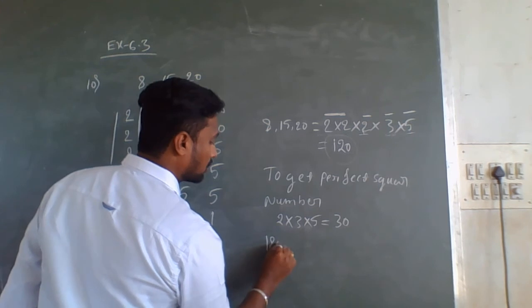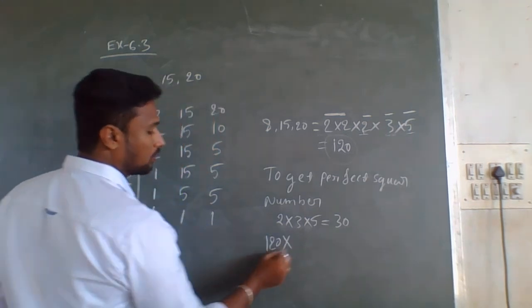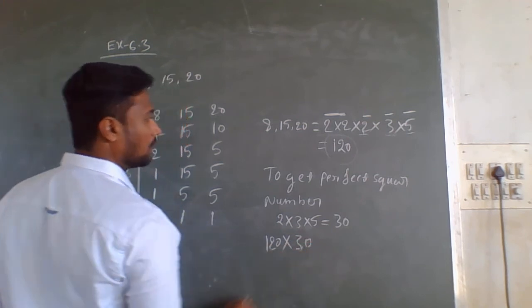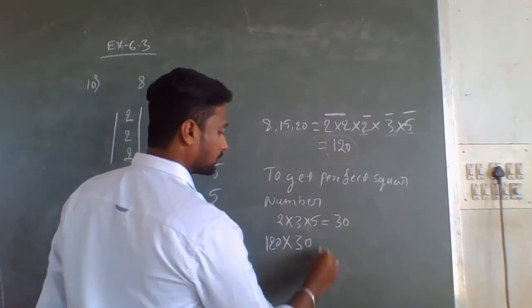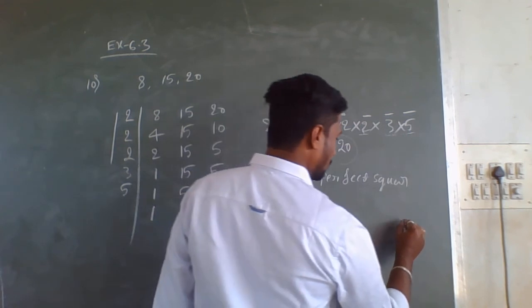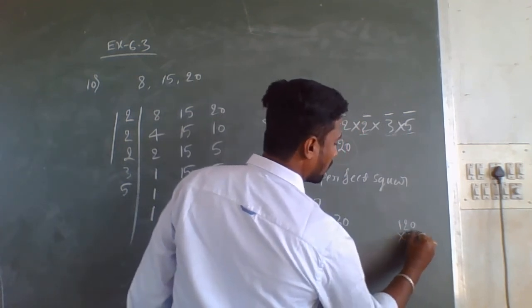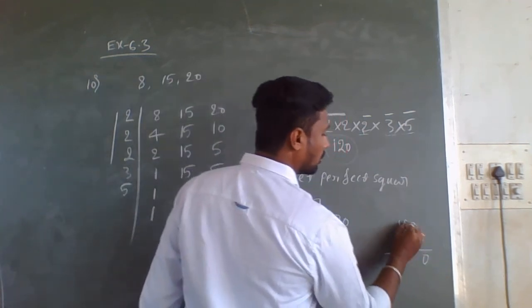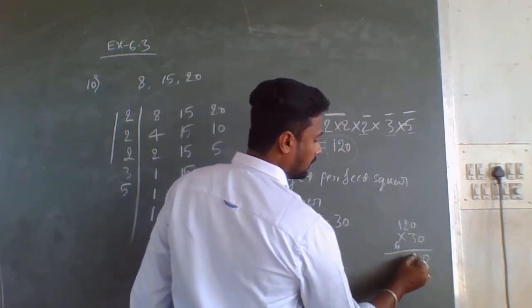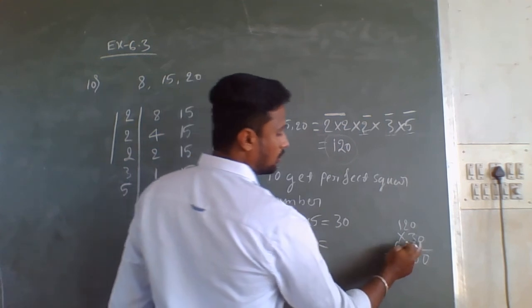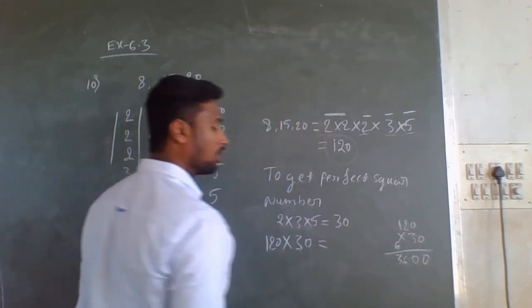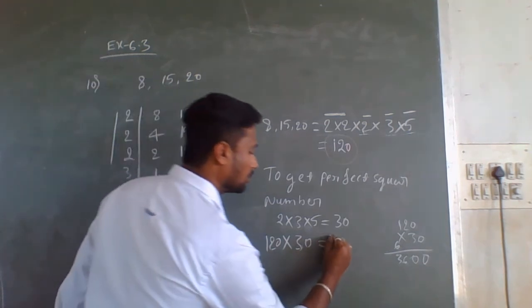So to get a perfect square number, I should multiply 30 with 120. So what will you get? 120 into 30: 30 into 0 is 0, 30 into 2 is 60. So 6 is carried, and here 0 will come. Next 30 into 1 is 30, plus 6 is 36. So what we got here is 3600.